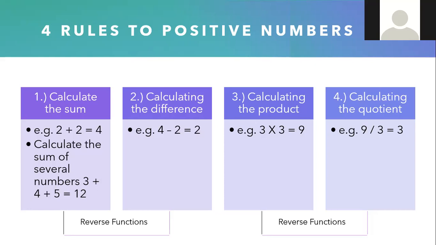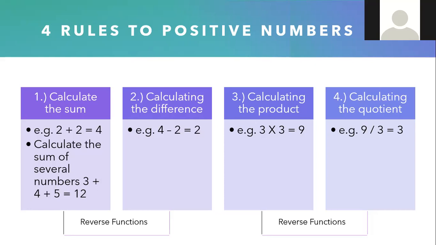We can also calculate the product. For example, 3 multiplied by 3 gives us 9, and 9 is our product. So our sum is 12, our difference between 4 and 2 is 2, and our product of 3 multiplied by 3 is 9.